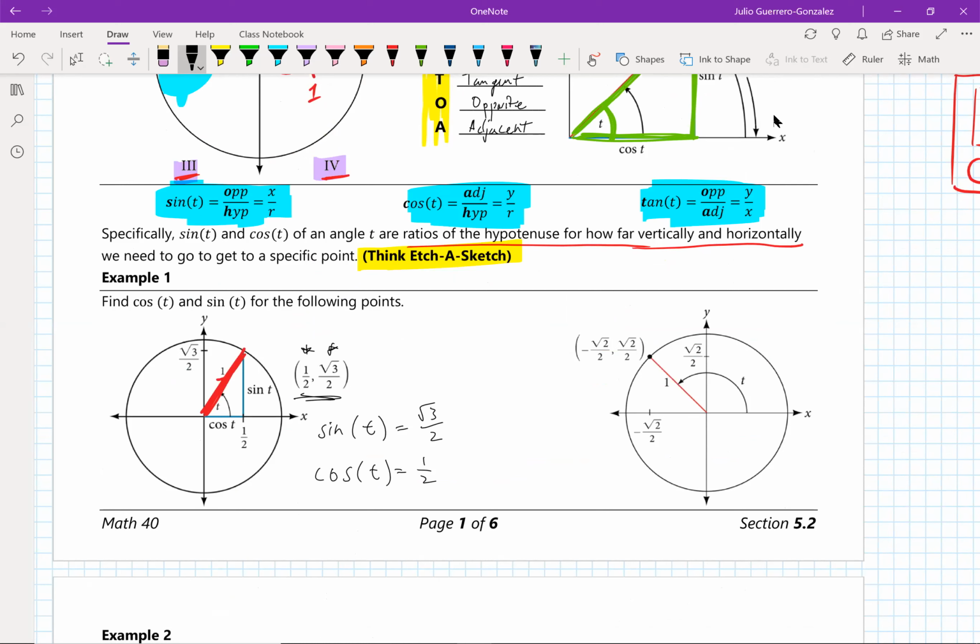Okay. Same thing here. The x always gives the cosine, and the y is the sine. So sine of t for this angle over here is going to be root 2 over 2. Cosine of t is going to be negative root 2 over 2.